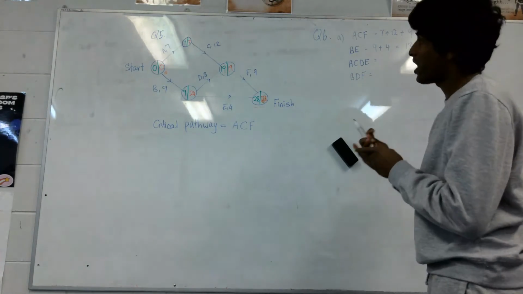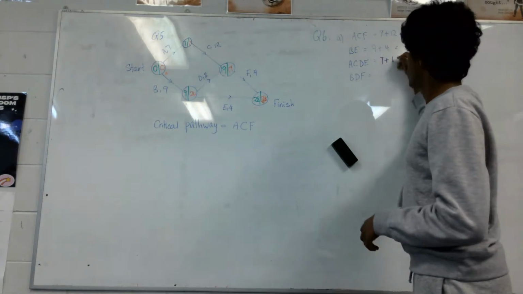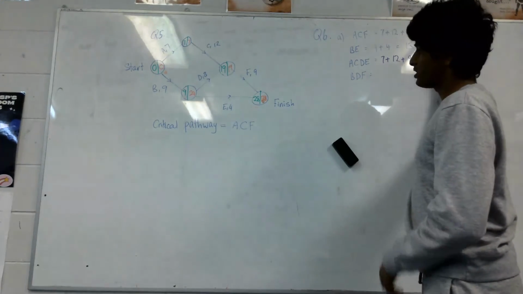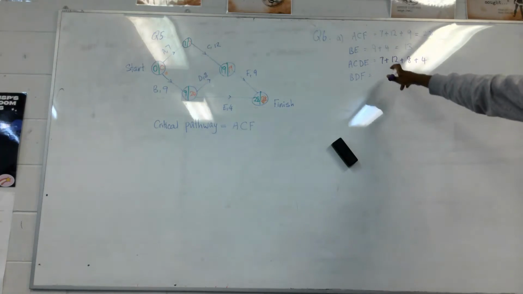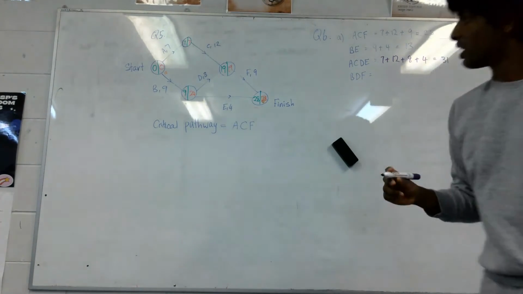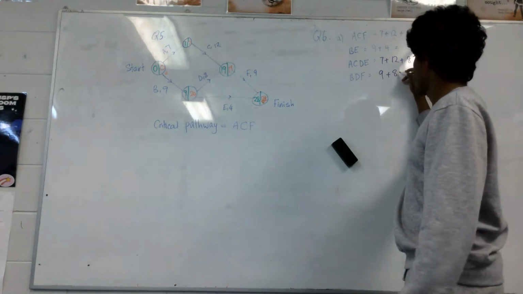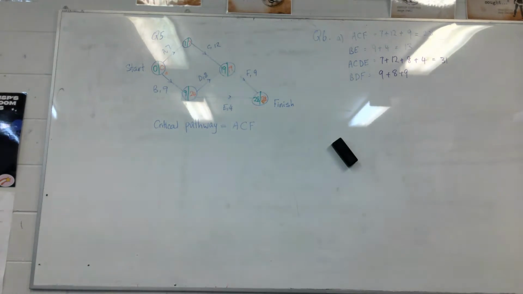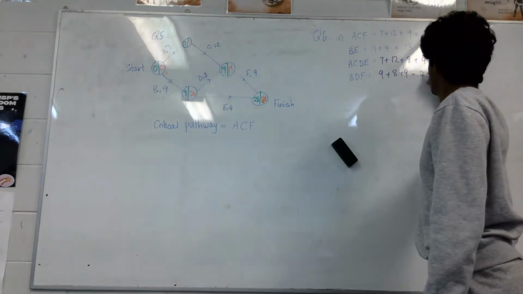Alright, so A here is going to be 7, C is 12, D is 8, and E is 4. So 12 plus 12 is 24, 24 plus 7 is 31. And then I've got B is 9, D is 8, F is 9. 2 9s are 18, 18 and 8 is 26.